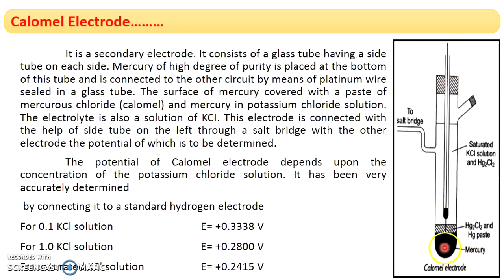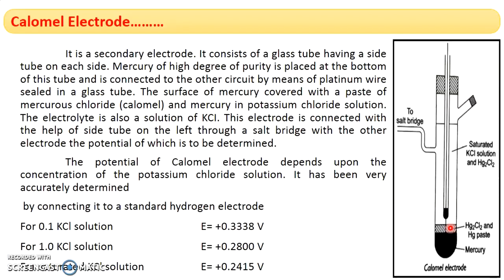Then this mercury is in contact with a paste. That paste is made with calomel, that is mercurous chloride, Hg2Cl2, and Hg mercury, and also KCl. So by combining these three, a paste is made. That paste will be in contact with the pure mercury. This paste is again in contact with the potassium chloride, KCl.